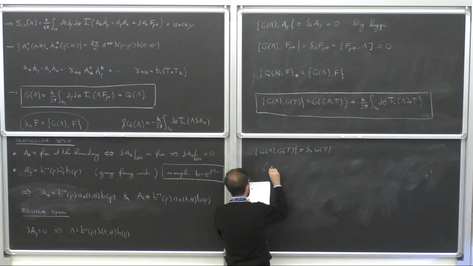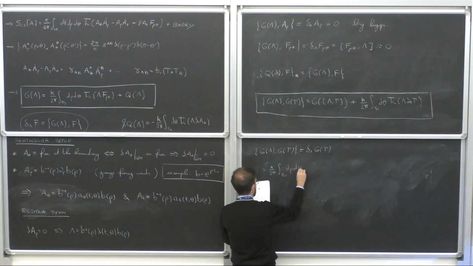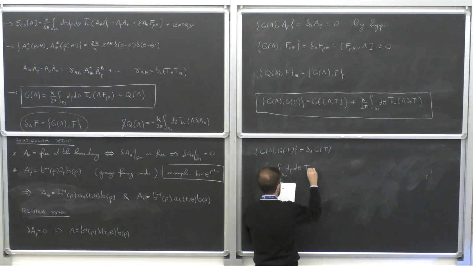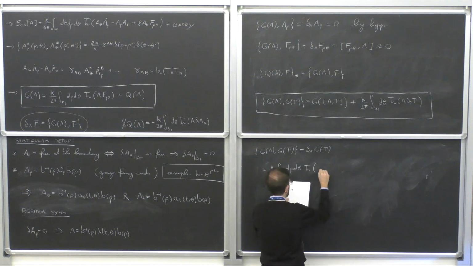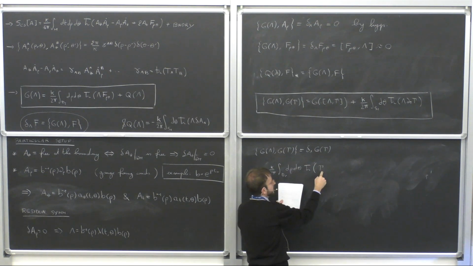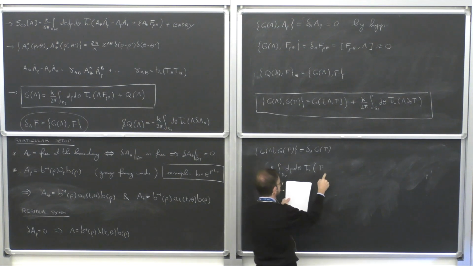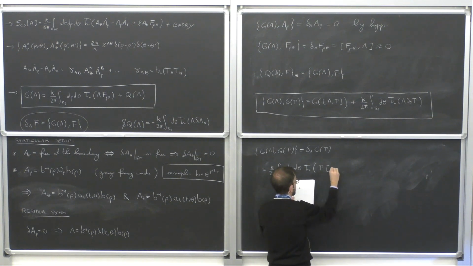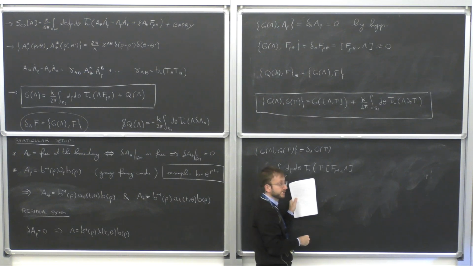And this means that this becomes k over 2 pi, integral on a disk d rho d theta, of the trace of what? Now I do the variation inside. So I'm taking the variation of G gamma. The term will be gamma times the constraints, f rho theta, but I have to look at the variation of f rho theta, and the variation of f rho theta we already discussed takes just this form.